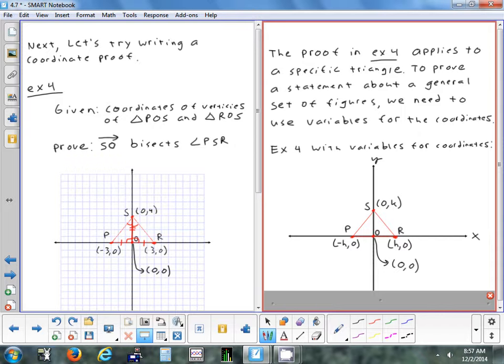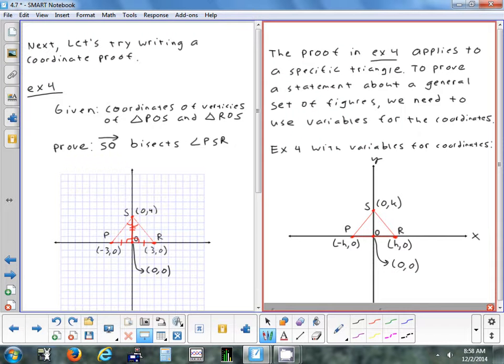But we do know that it's right on the y-axis, so the first coordinate is 0. And you could do this exact same proof that we just did with letters like that. That would prove it for every single case where h and k could be any numbers you want, not just -3, +3, and +4.